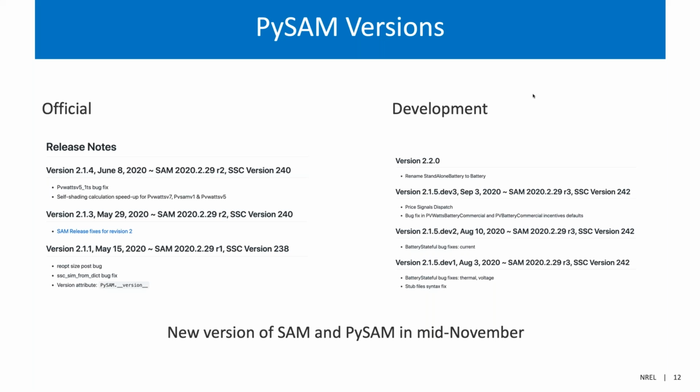Our development versions go up to version 2.1.5.dev3, and in here you'll find some of our newest features, such as single time-step battery, a new dispatch algorithm, and all of the changes from our develop branch in SAM. So these are all open source and available for you to experiment with, but the official release of this development branch will coincide with our newest SAM release targeted for mid-November.